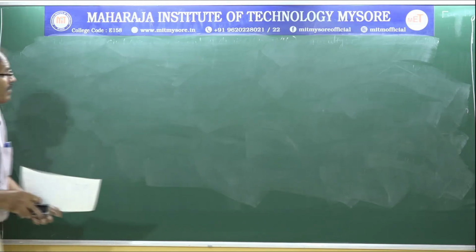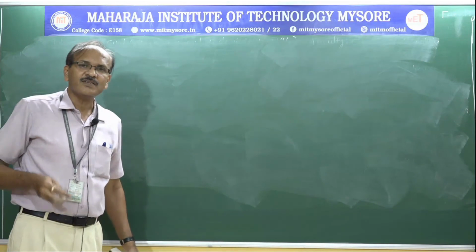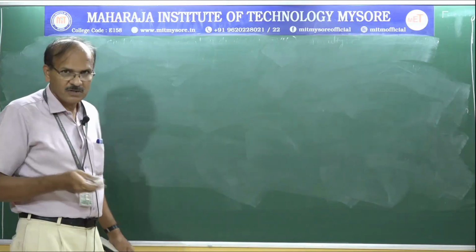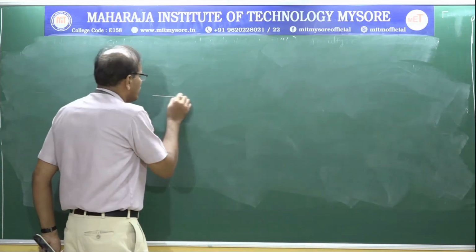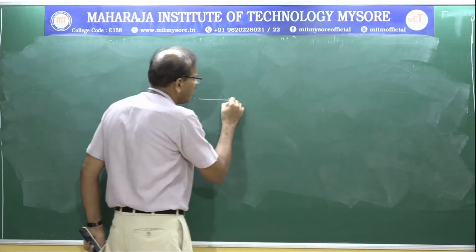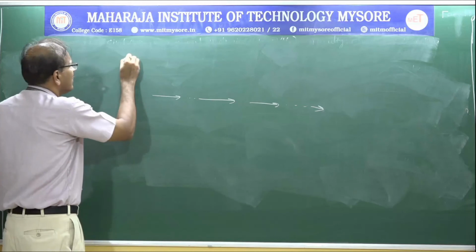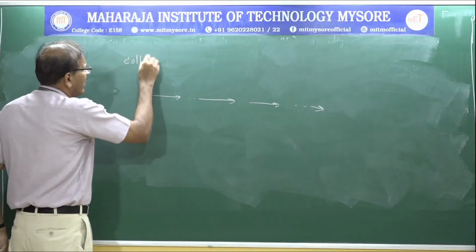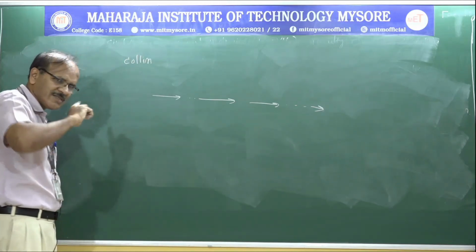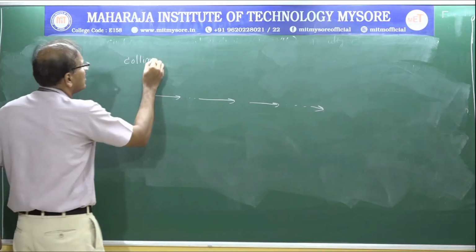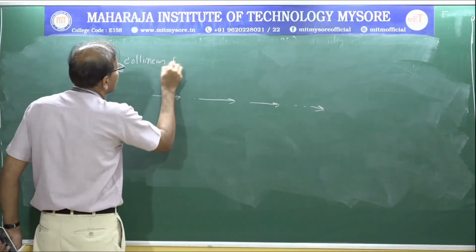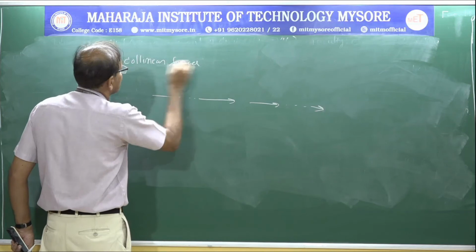There is a special case called collinear forces. What are collinear forces? If a system of forces are acting in the same direction, along the same line, it is called a collinear force system.